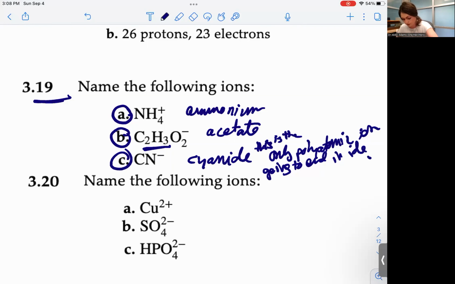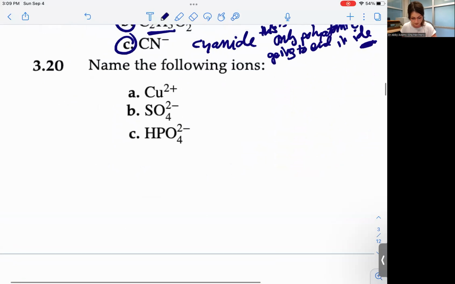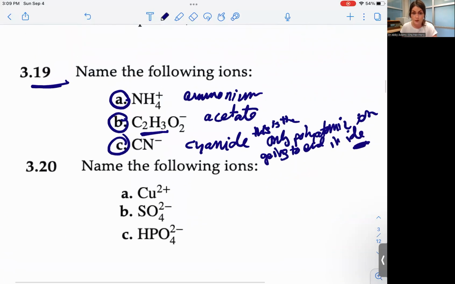That's confusing. Why "ide"? We have other rules for "ide." I think that's it. Next is 3.3. Thanks for tuning in.